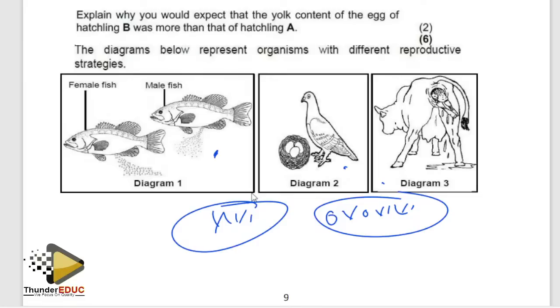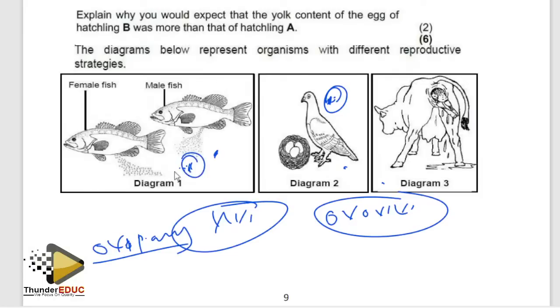The mother is taking it as a shelter. So it is only oviparous which can be either internal or external. This is internal fertilization, yes, but still oviparous. This is external fertilization, but also oviparous.